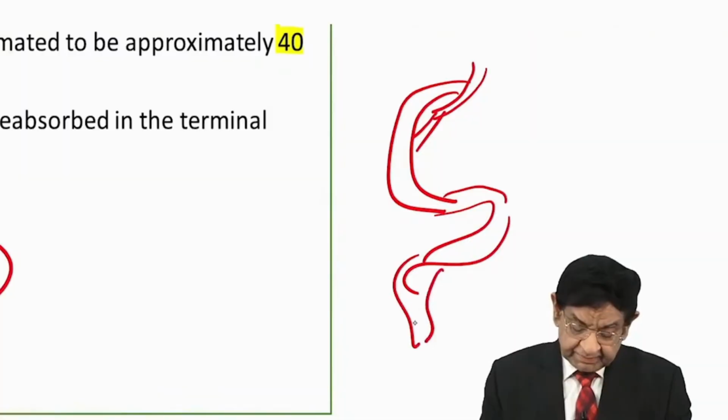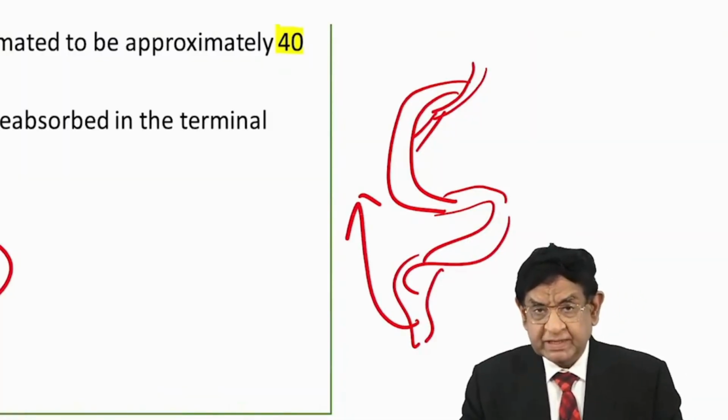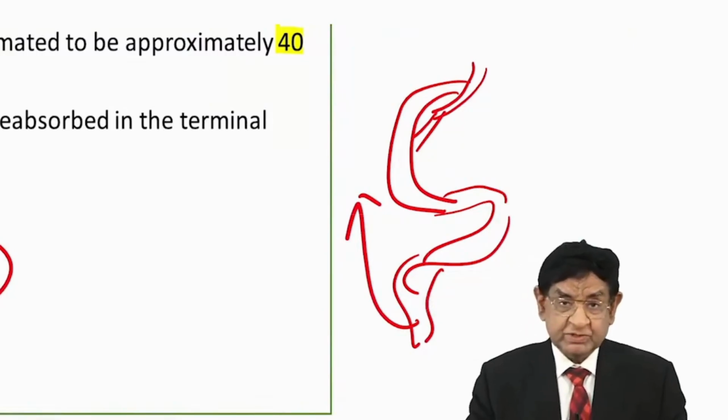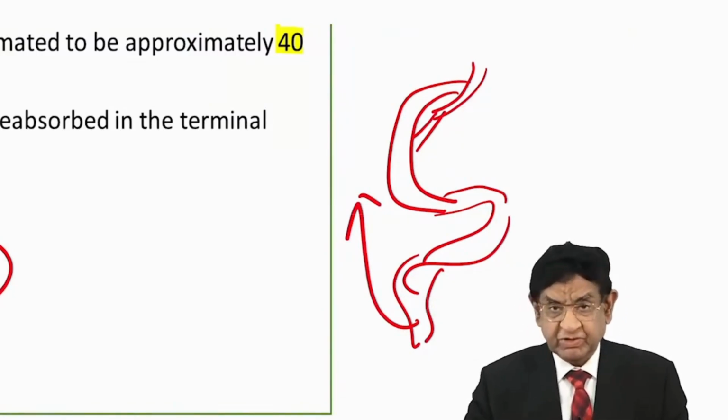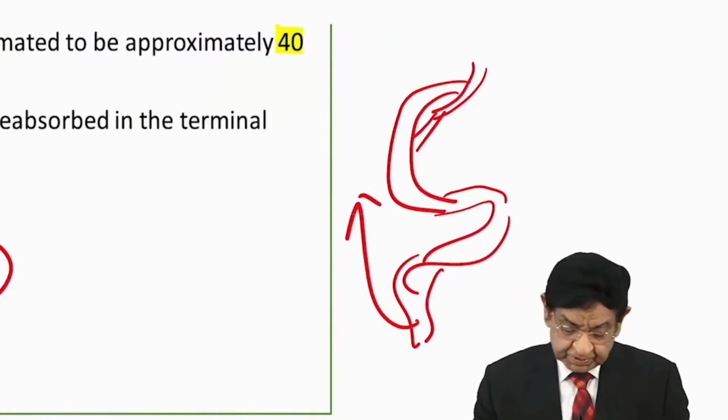In the terminal ileum it is reabsorbed, and again comes back to the liver. This is the so-called enterohepatic circulation. Bile salts, 95%, are reabsorbed.